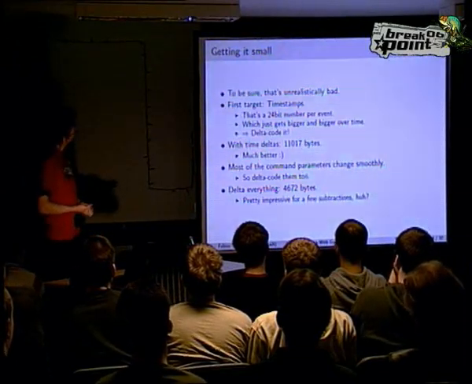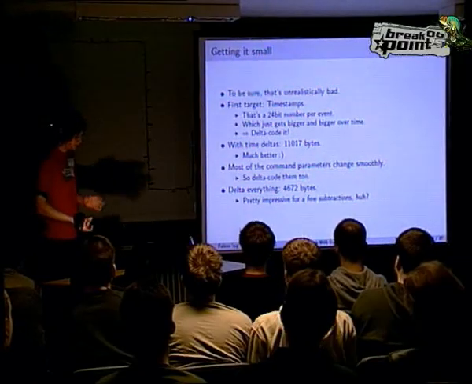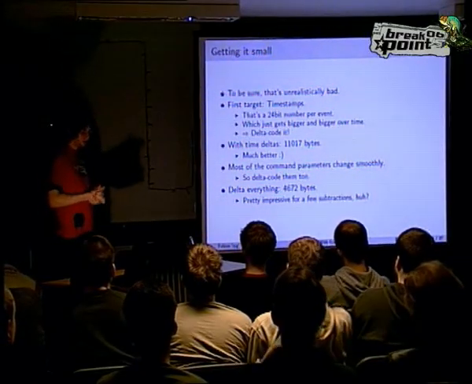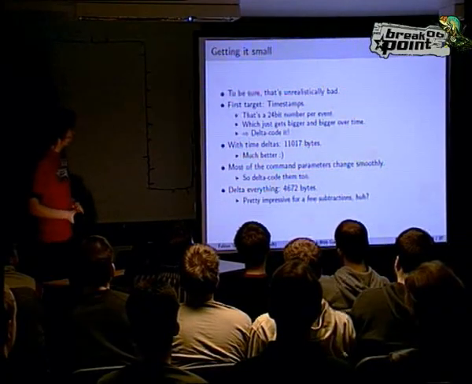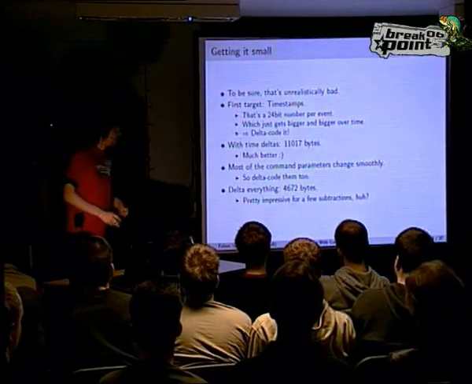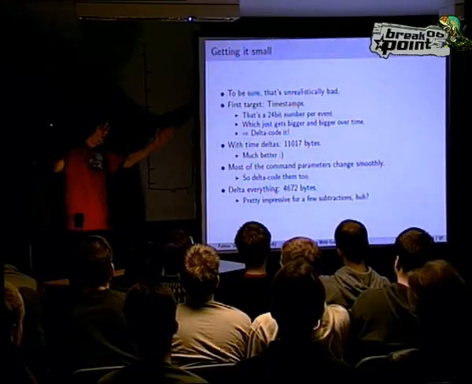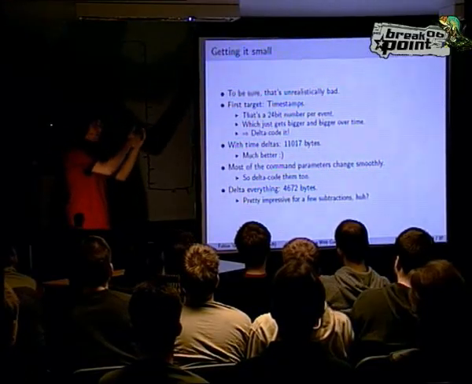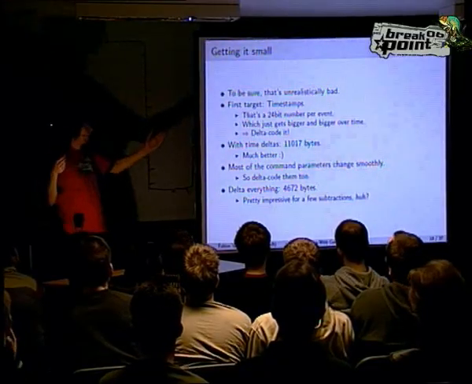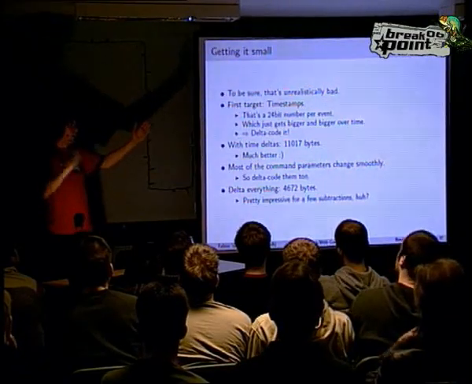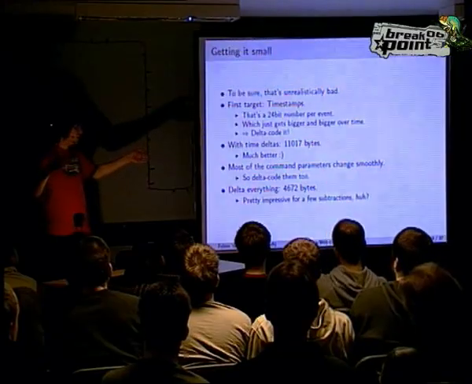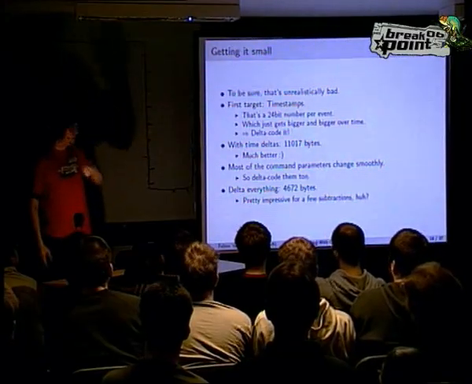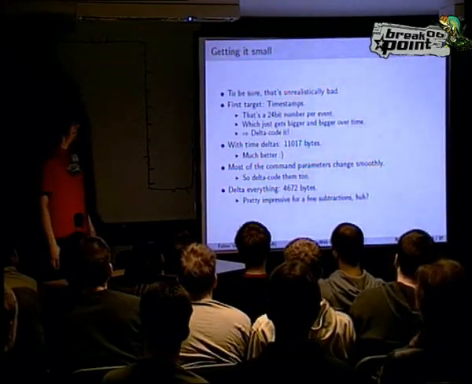The first thing we'll be looking at will be timestamps. Those timestamps are 24-bit numbers, we could have used any other size, but 24-bit is what we picked. And as these events happen over the whole music, the time just gets bigger and bigger, because the piece of music is basically just a sequence of events, and you can easily order that.